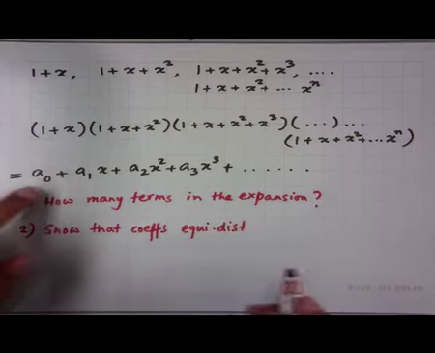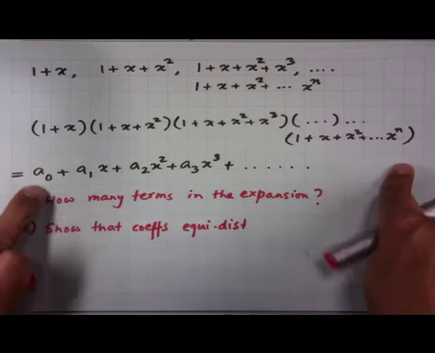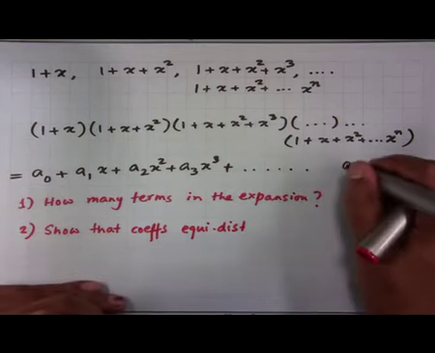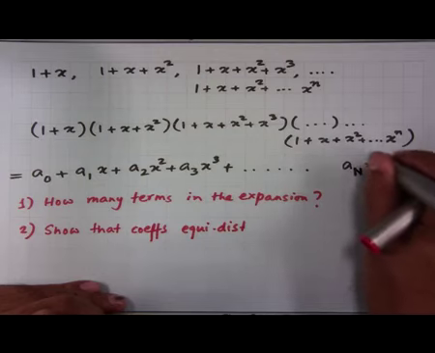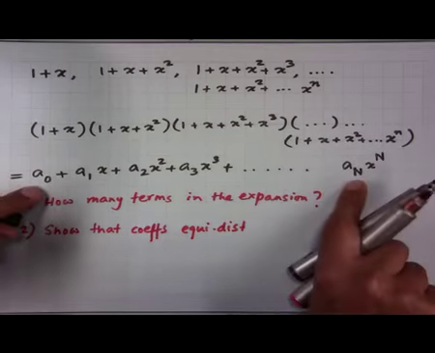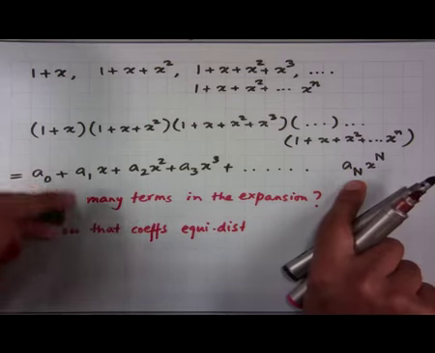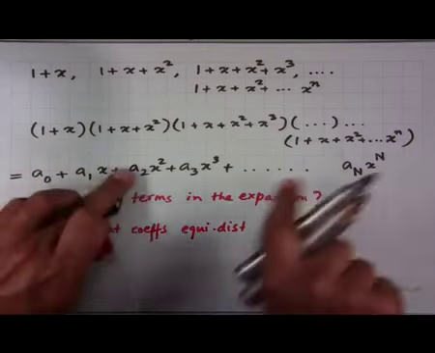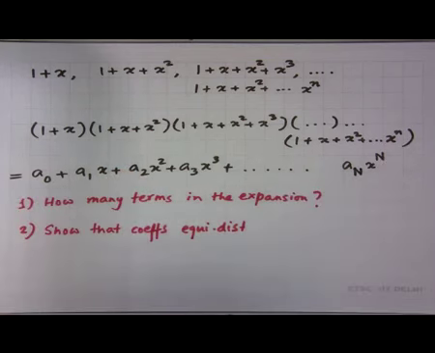So, for example, the first term is a 0 and the last term is, let us say, a capital N, x power capital N. So, a 0 and a N, a 1 and a N minus 1, a 2 and a N minus 2.